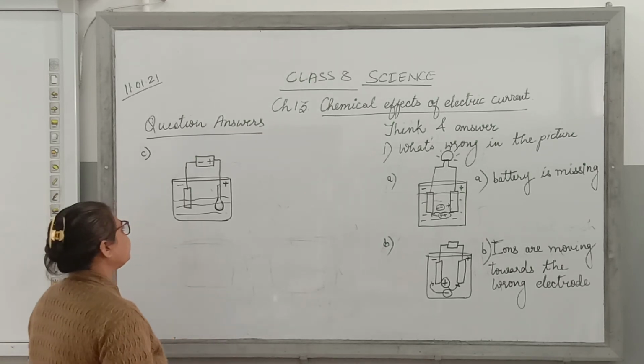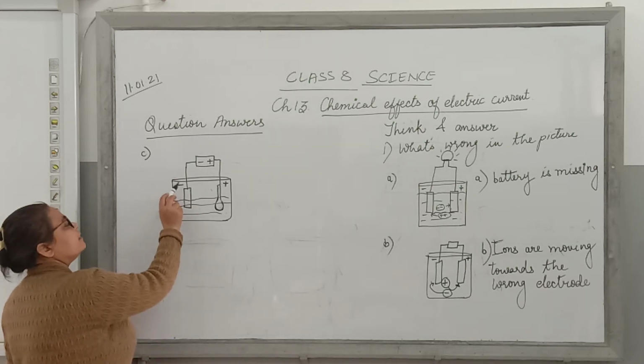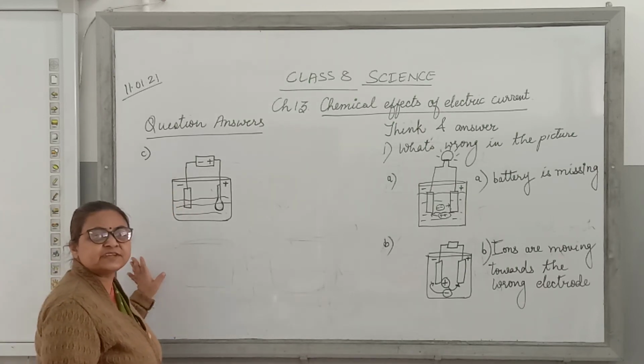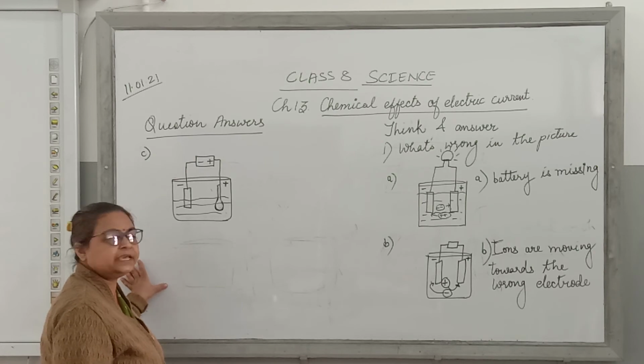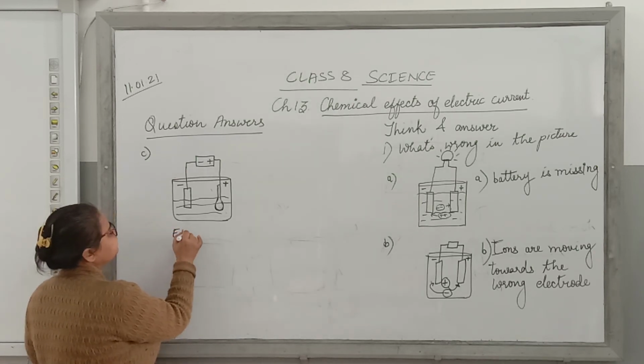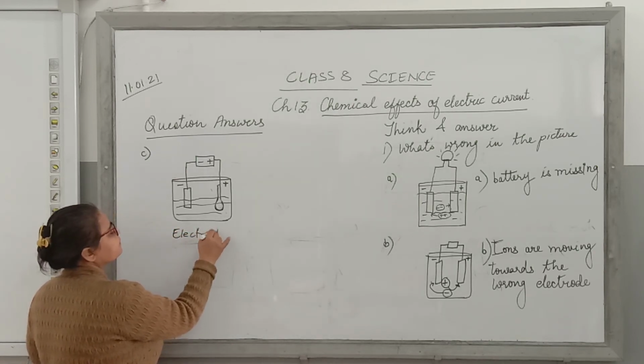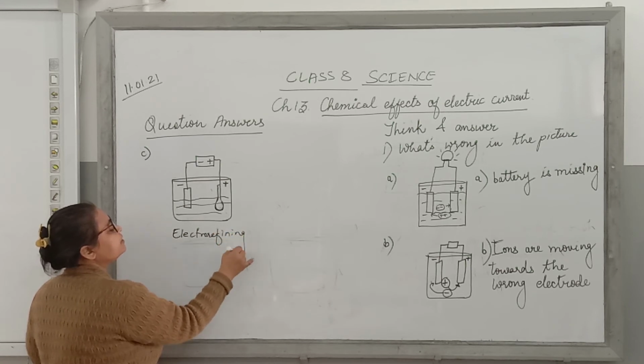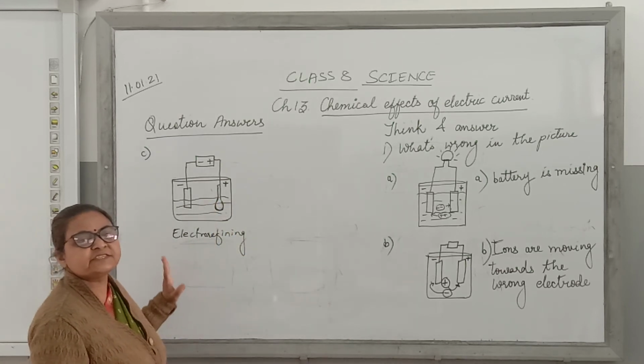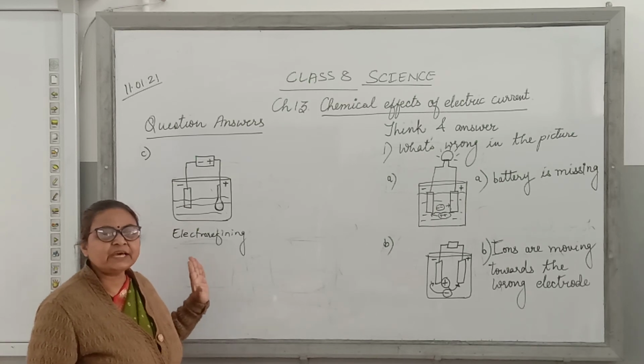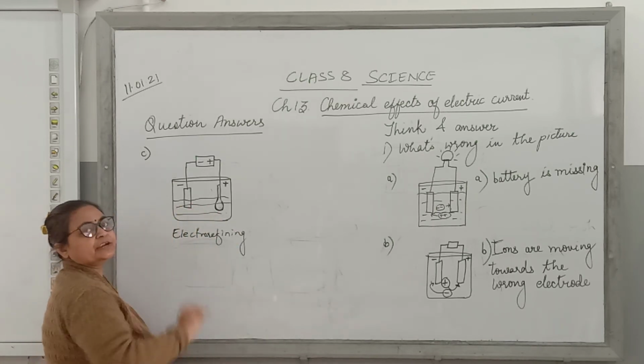But see here, this process demonstrates what? This is electro-refining, right? Now in electro-refining, where should be the spoon? It should be connected to the negative electrode.